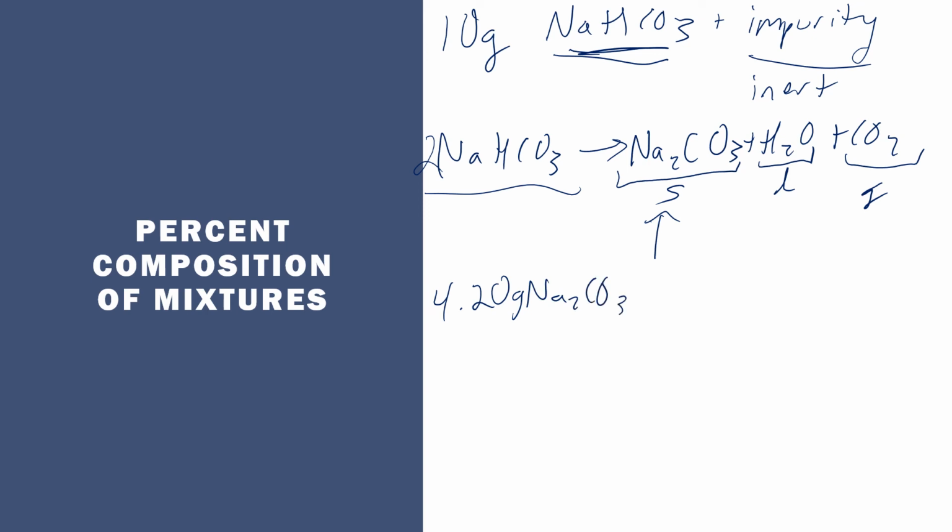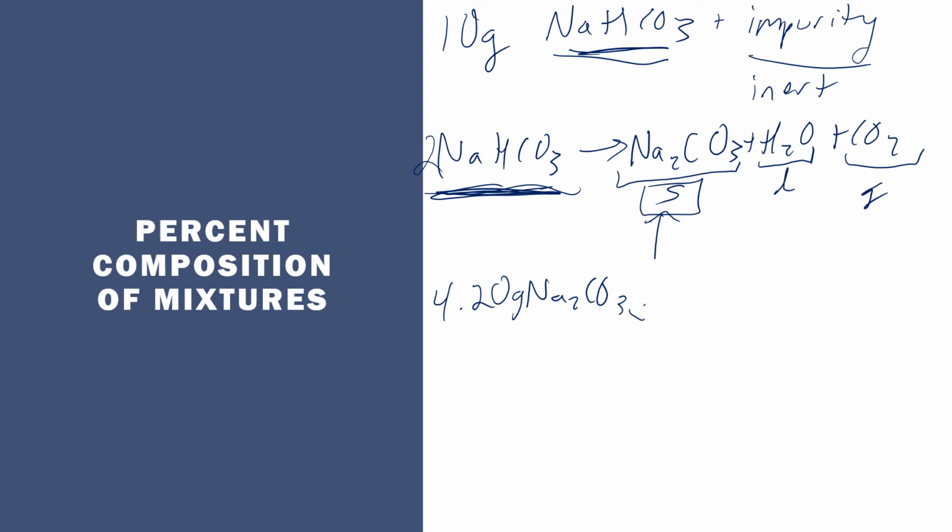Maybe you filter the Na2CO3 from the liquid water. The gaseous CO2 just bubbles away. What we can do now is figure out how much of the sodium hydrogen carbonate you must have had at the beginning based on how much solid Na2CO3 we have left over.